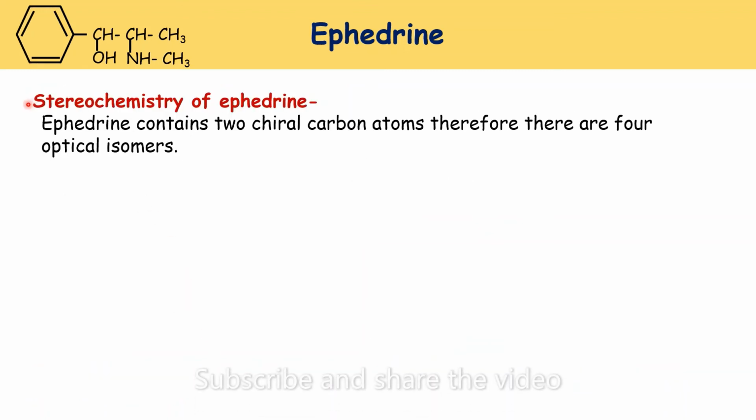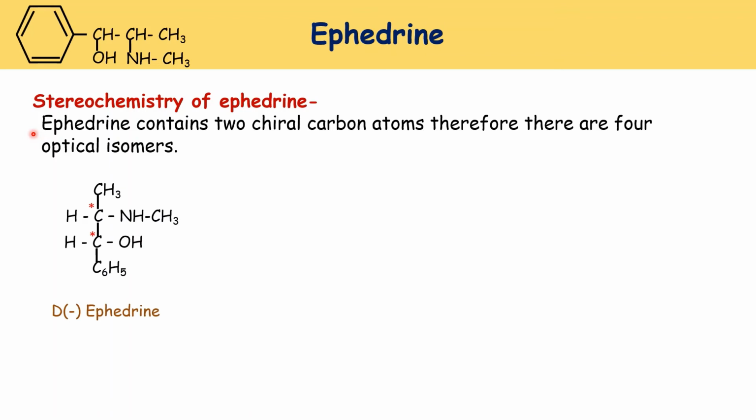Stereochemistry of ephedrine. Ephedrine contains 2 chiral carbon atoms. Therefore, there are 4 optical isomers. This carbon and this carbon are chiral carbon atoms, and therefore there are 4 optical isomers, which are as follows.